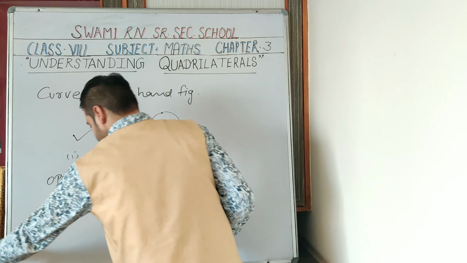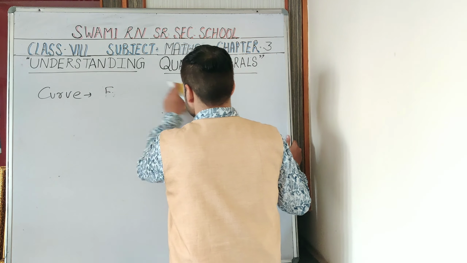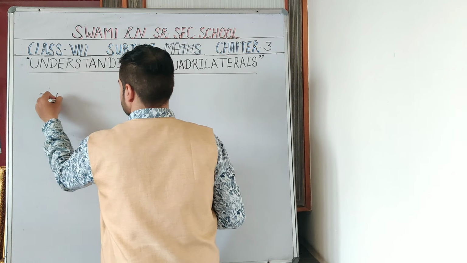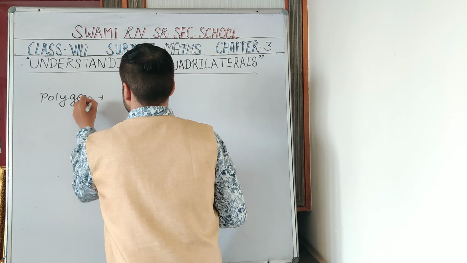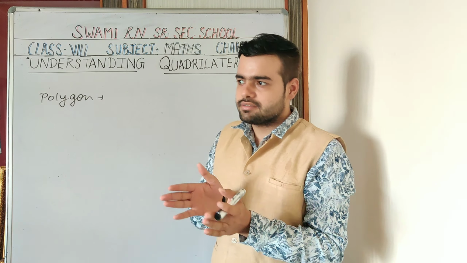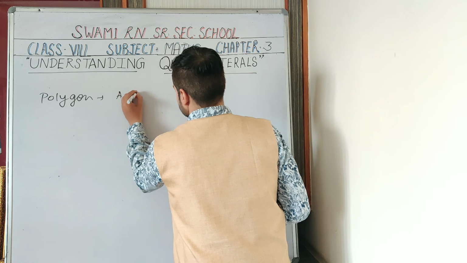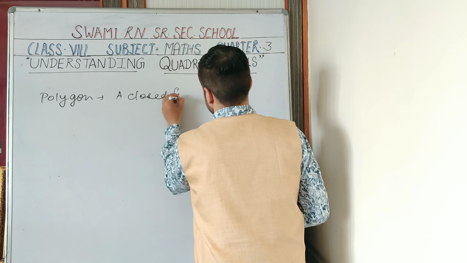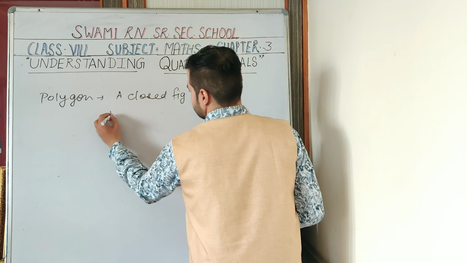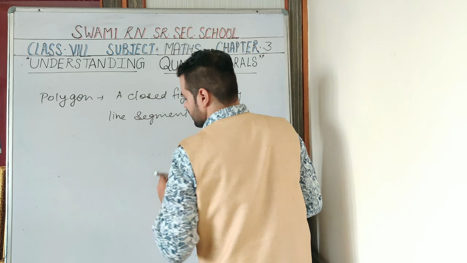Okay, now we will discuss polygons. That is also a part of this. Now, what are polygons? We can say that a closed figure made by line segments is known as a polygon.